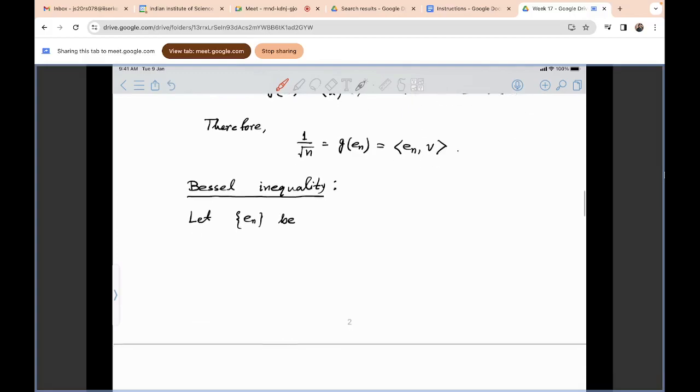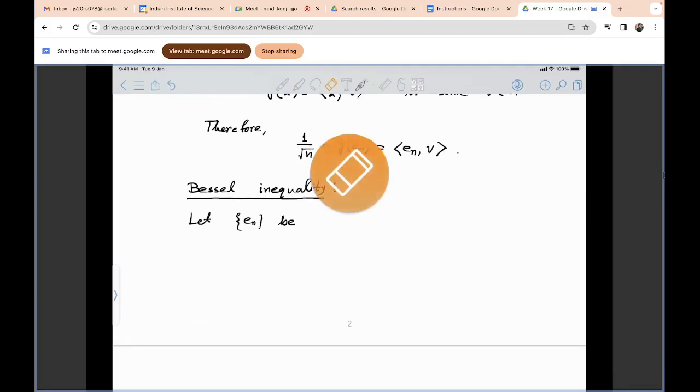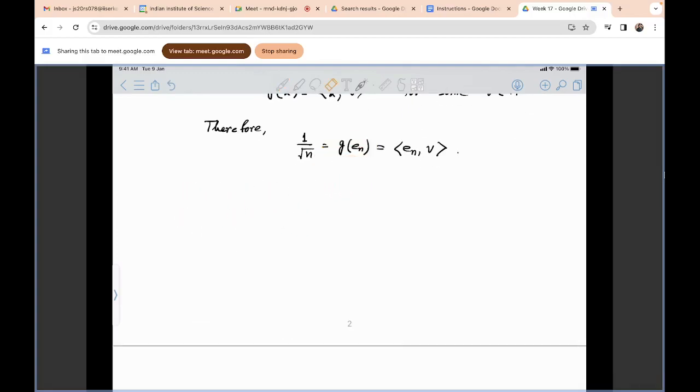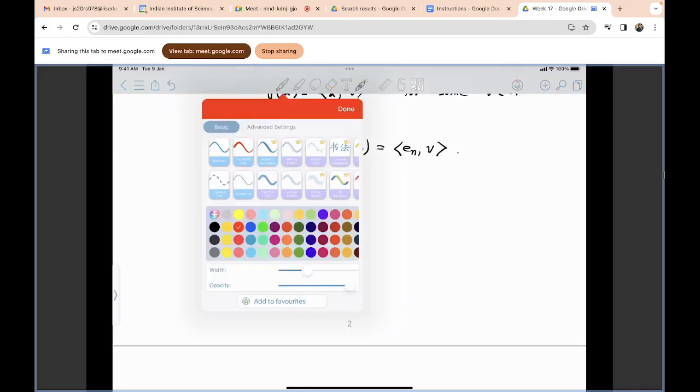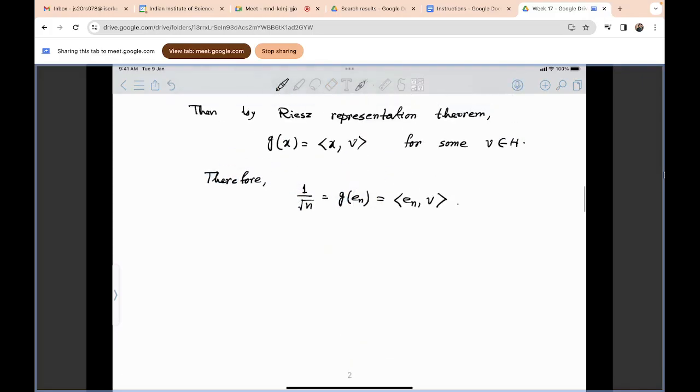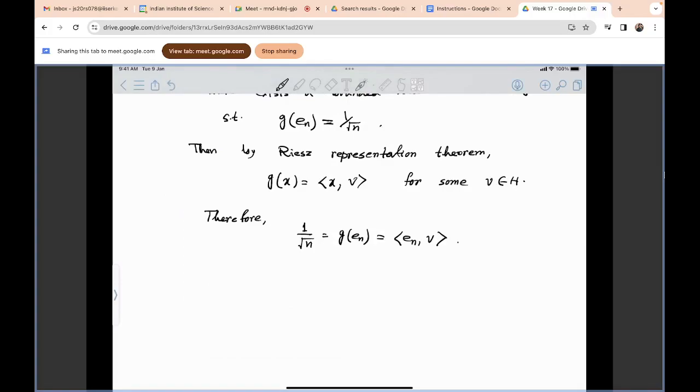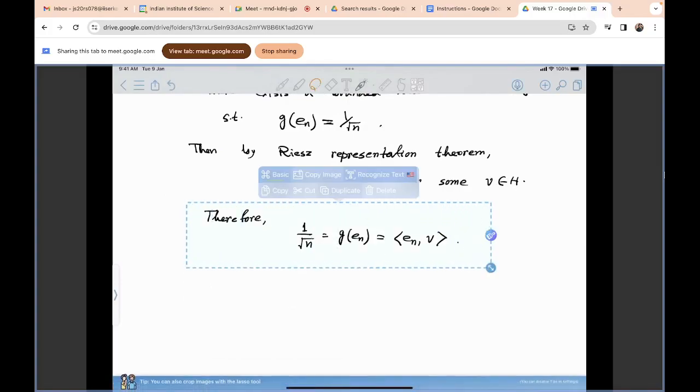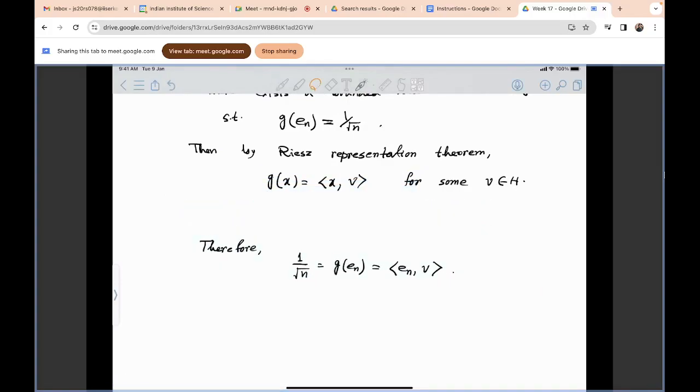So we'll use this one, and norm G will be given by norm v, by the Riesz representation theorem.